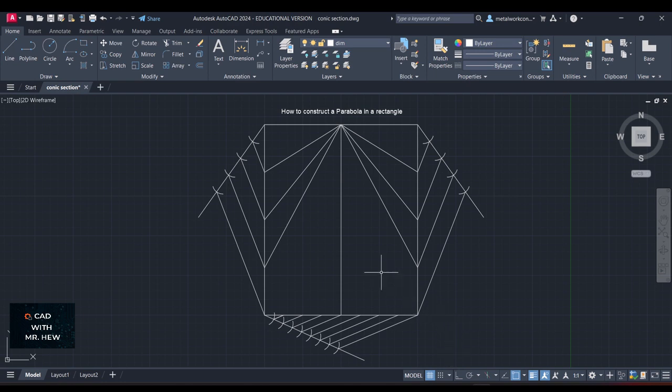Now the next step to draw the parabola in the rectangle. Gonna draw lines from here, this point going up. Gonna draw this line going up.